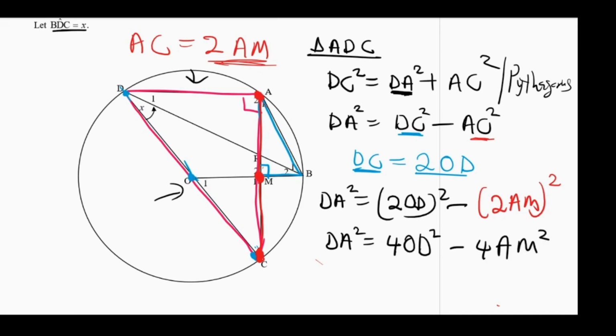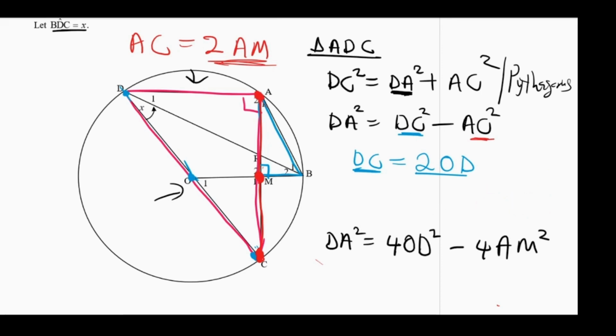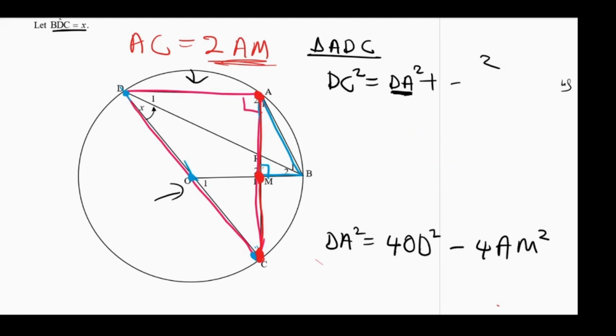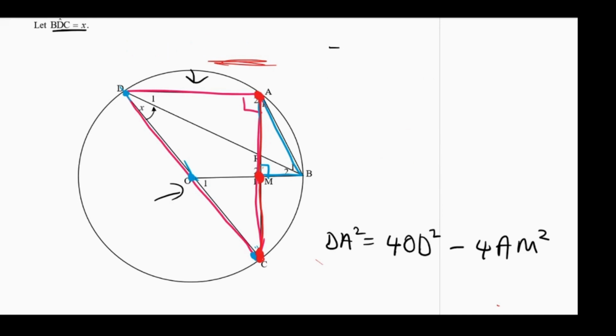So now we're having something like this. Let me erase the top. So now that we're having this, it's getting simpler and simpler to solve this problem. We're having DA squared is equal to 4OD squared minus 4AM squared.